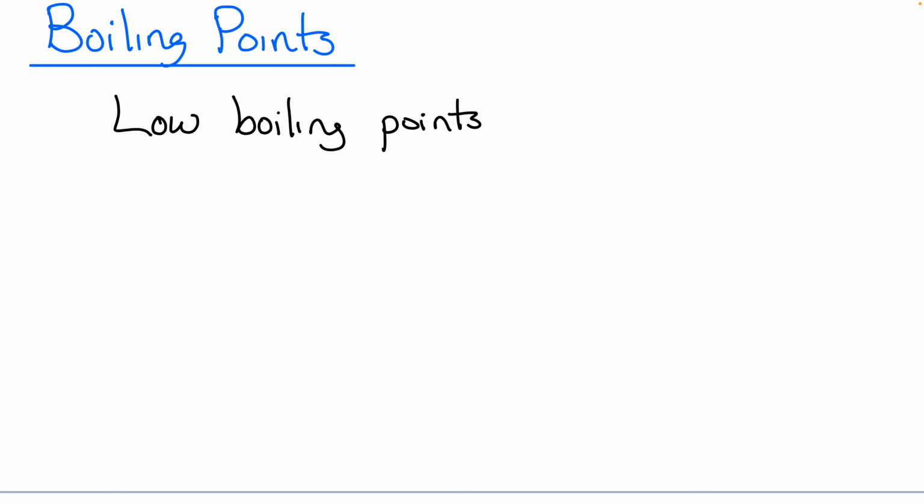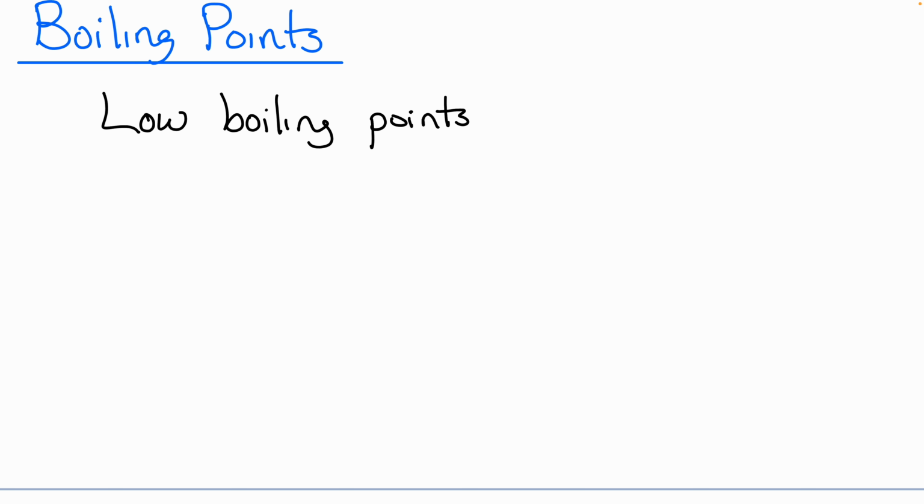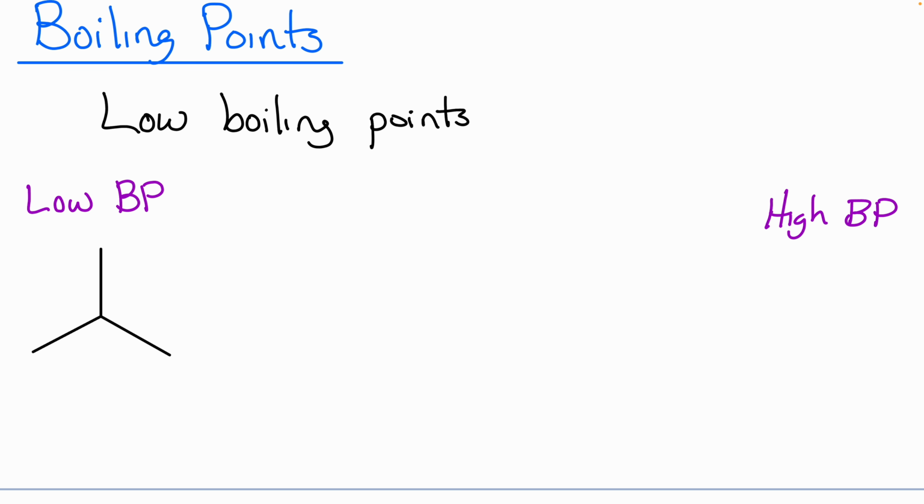All right, in fact, I think it's helpful to get an idea of what I mean by weakly polar by taking a comparison of a few different molecules. We want them to be of similar size. Remember, if we're going to compare molecules in terms of their boiling point, larger molecules always have higher boiling points than small molecules. So if we want to compare functional groups, we want to do so with similarly sized molecules. And we're going to rank them from lowest boiling point to highest boiling point. Our alkanes indeed have very low boiling points. So we're going to look at 2-methylpropane.